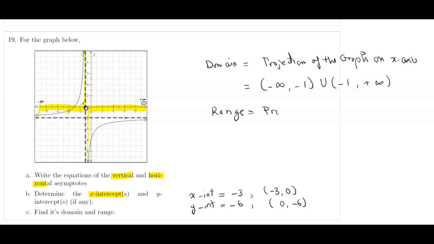It's going to be the projection of the graph on the y-axis. So if I do the projection of the graph on the y-axis, we're going to have a very similar scenario. The projection of this part here is going to be right here. This is the shadow of the graph.